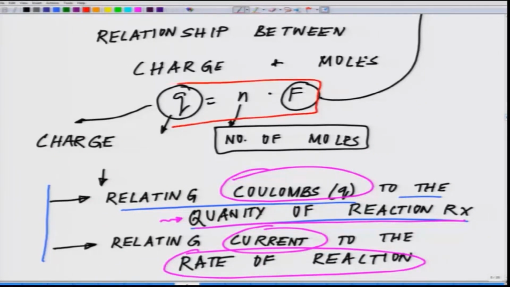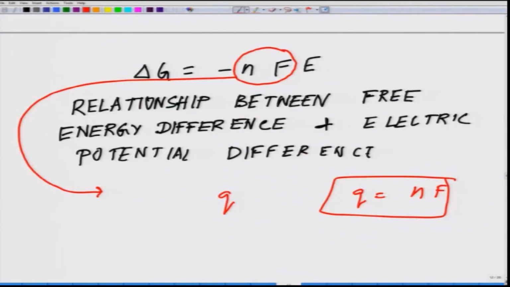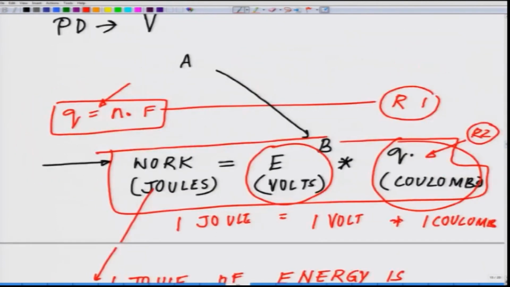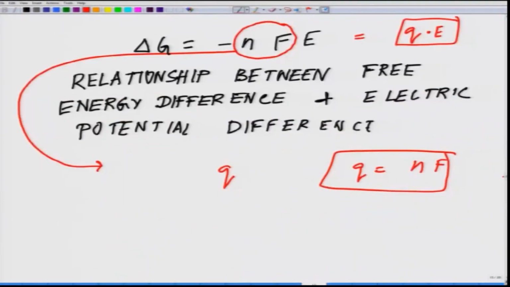So this NF is basically the charge, and this could also be written as QE, the work done on the system. So, delta G is equal to minus NFE. This is another relation which is very important for us to realize, and all these applications will come soon.